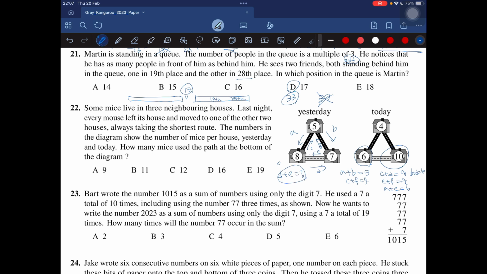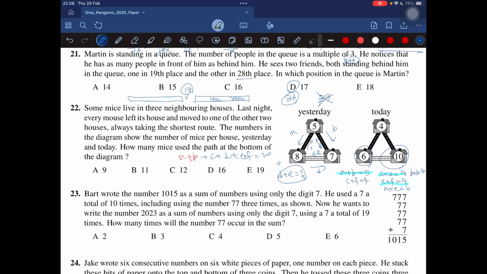So let's see. A, B, C, D, E, F here. So we know all together is 20. A, B, C, D, E, F, 20.